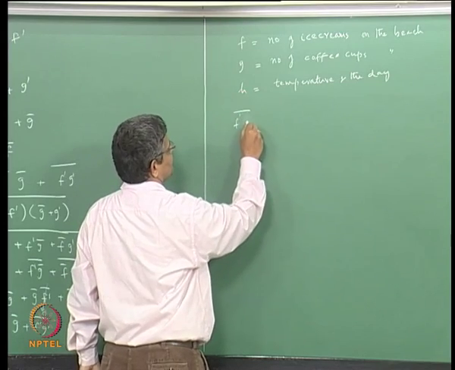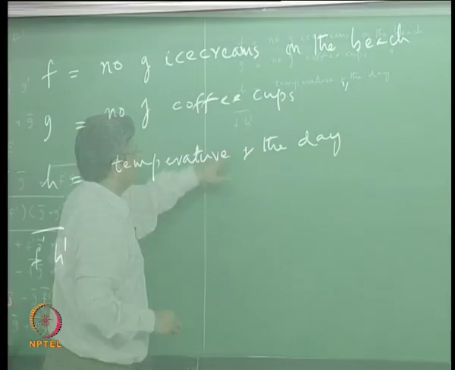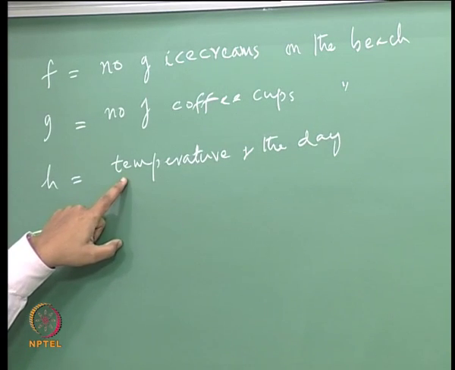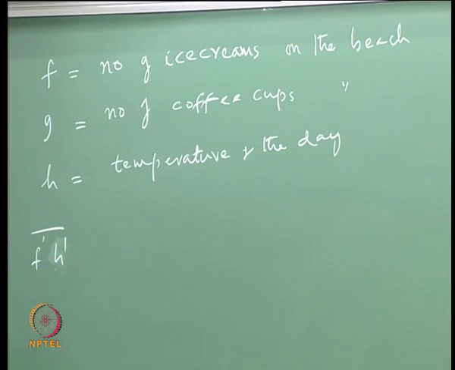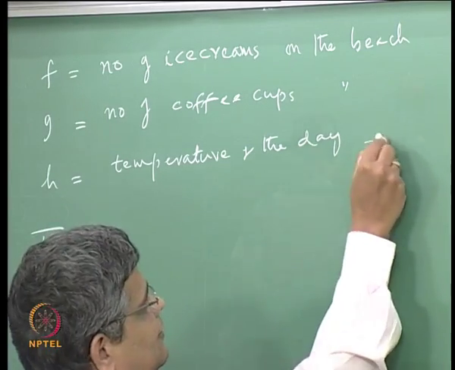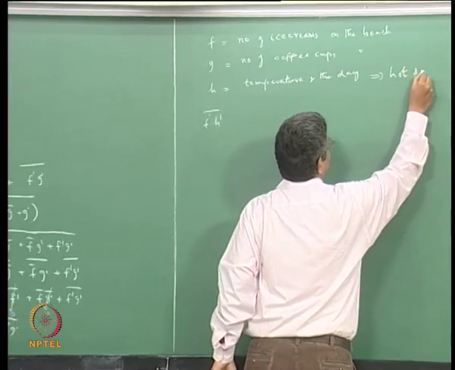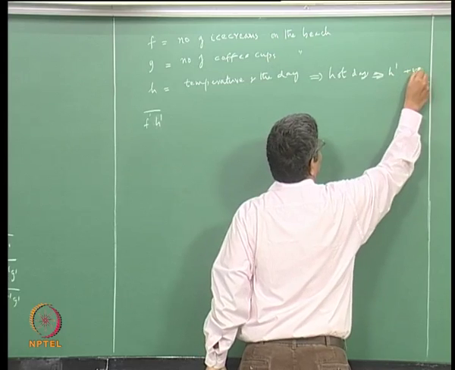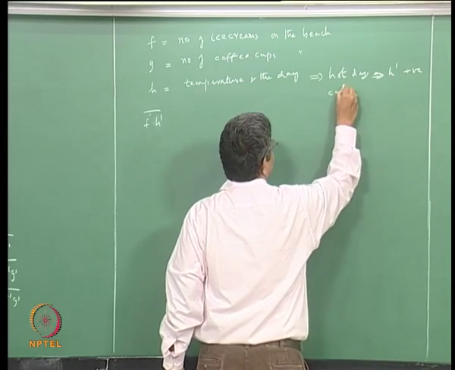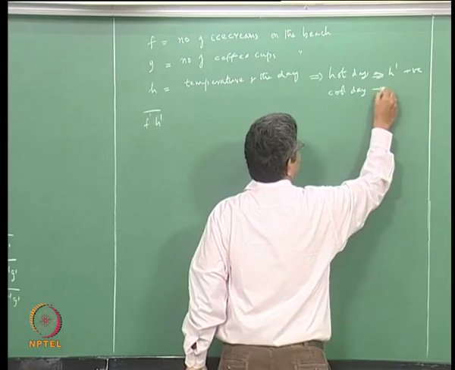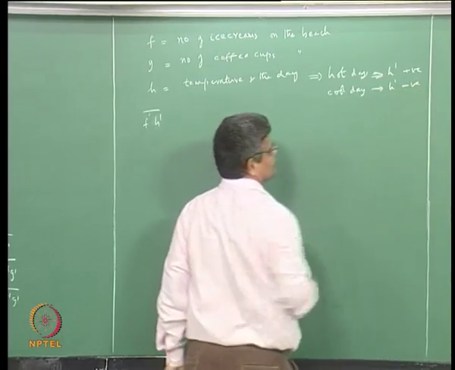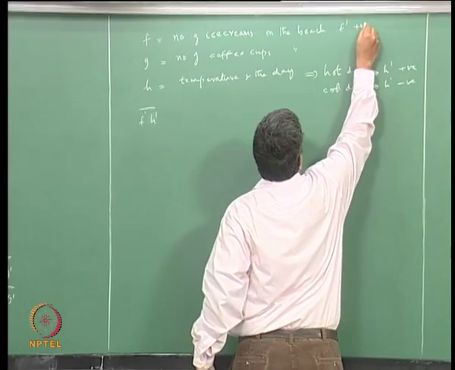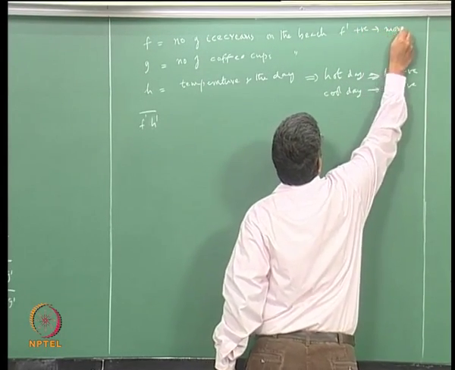If we were to look at f prime h prime, this means that on a particularly hot day, h prime is positive. Hot day implies h prime is positive, and a relatively cool day means h prime is negative, and f prime positive means more ice creams sold.